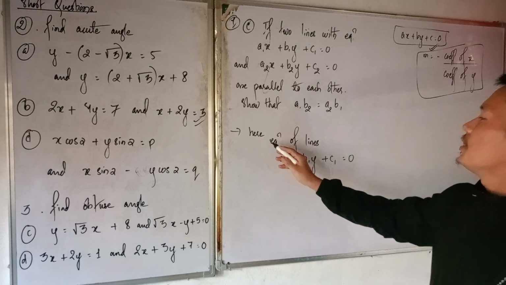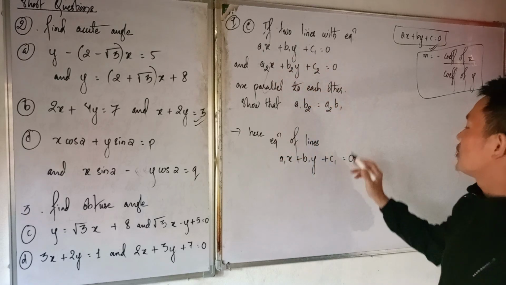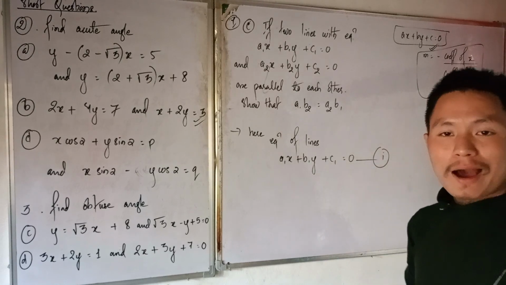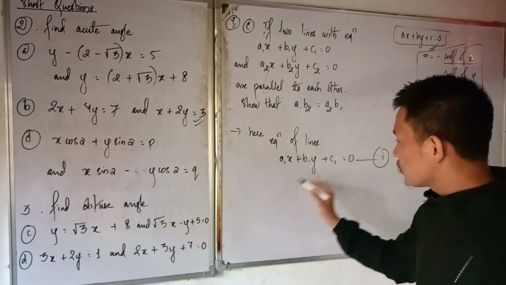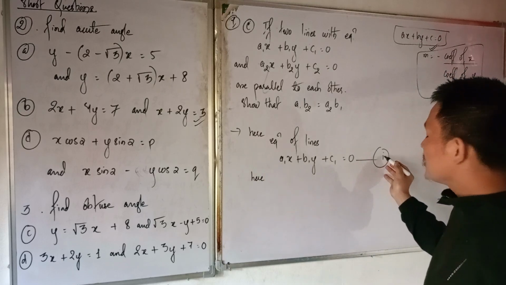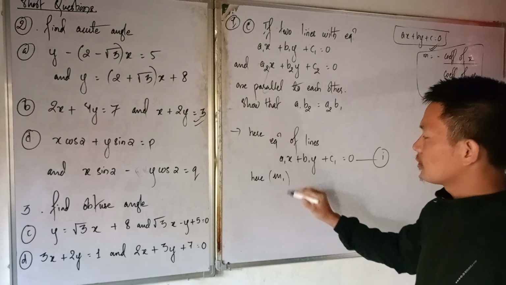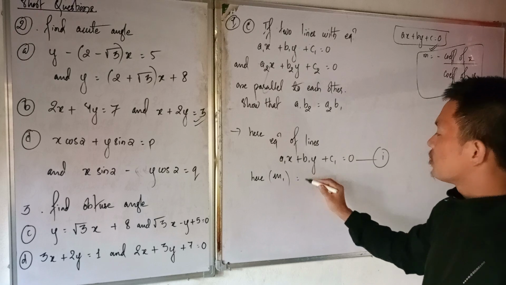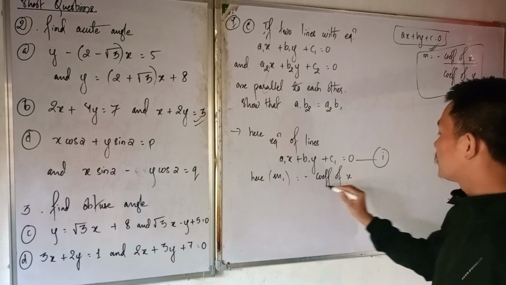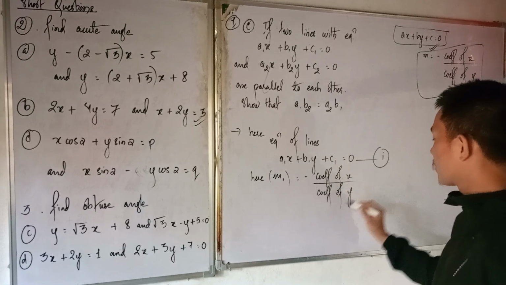Here the first line is a1x plus b1y plus c1 equals 0, suppose this is equation (i). Let the slope of this line be m1. So minus coefficient of x divided by coefficient of y.